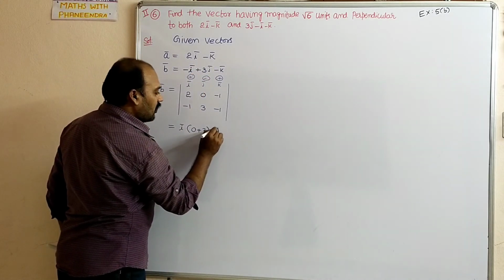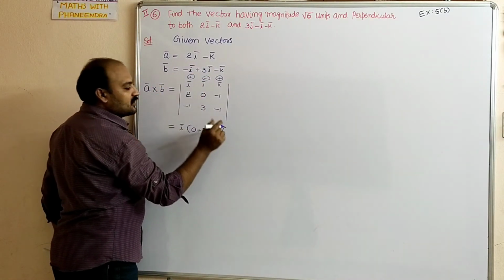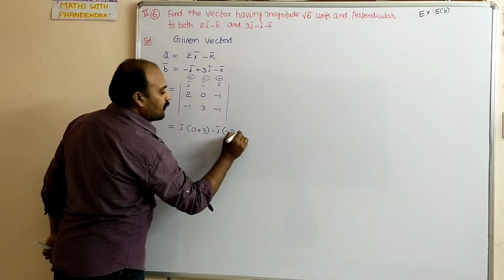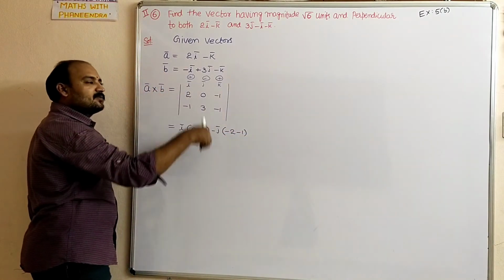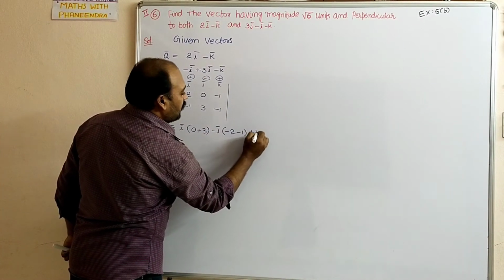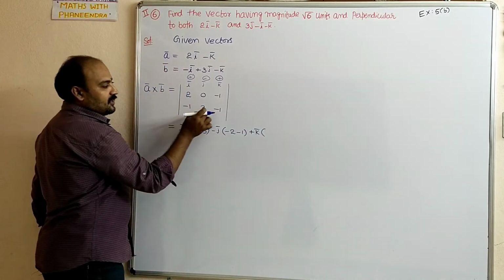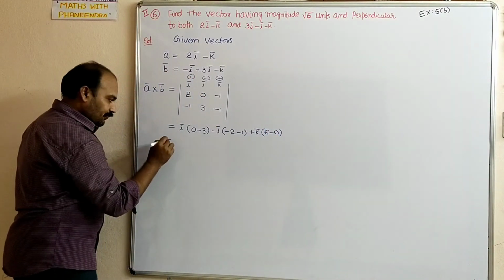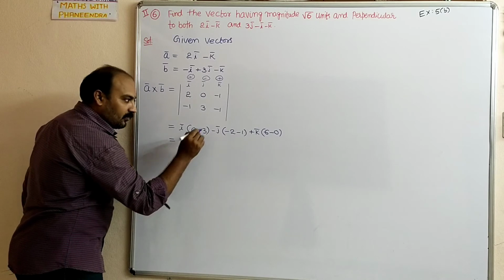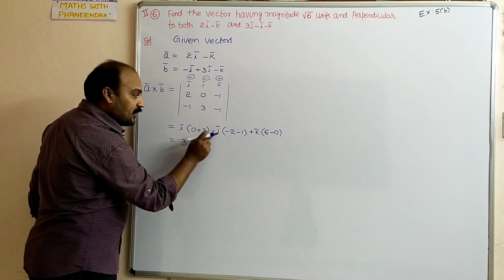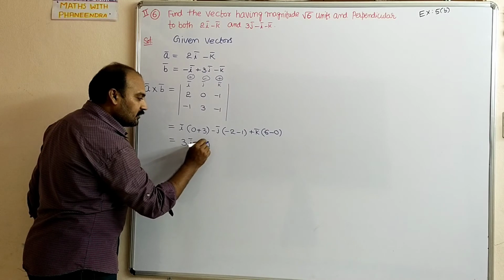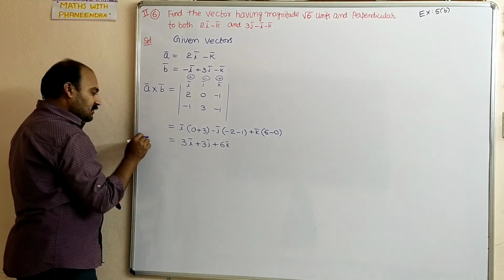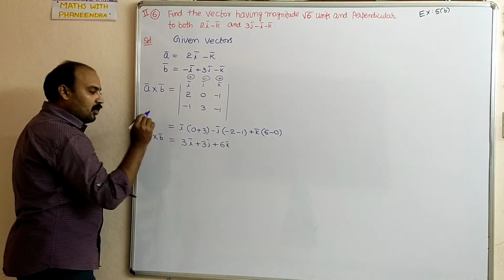Next minus j bar into 2 into minus 1, minus 1 into minus 1, minus 2 plus 1. Already minus is there, so plus 1 will come. So minus plus, k bar into 2 threes are 6, minus 1 into 0, 0. So 3i, minus 2 minus 1 is minus 3, into minus gives plus 3j, 6k. This is the value of a bar cross b bar.